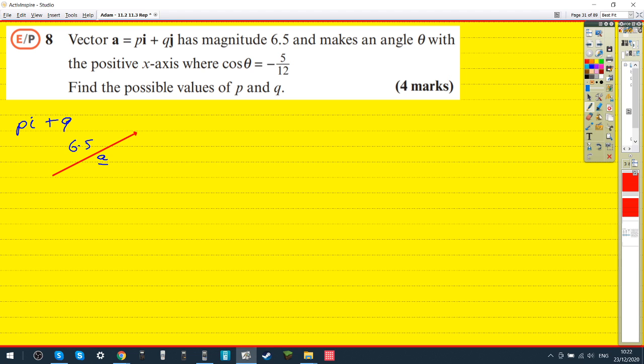It's also pi plus qj. So when it says it makes an angle theta with the positive x-axis, is that bottom left? Yeah. And would you do inverse cos of minus 5 over 12 to get that angle? You could.